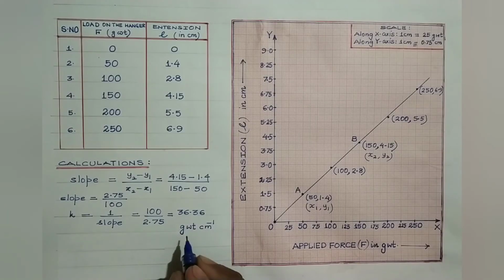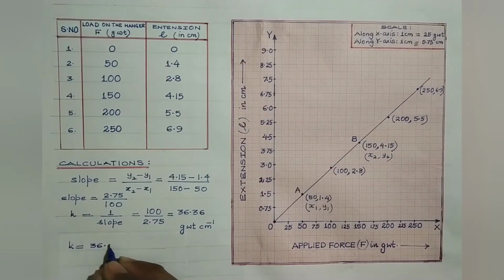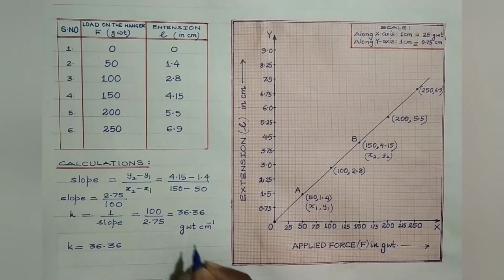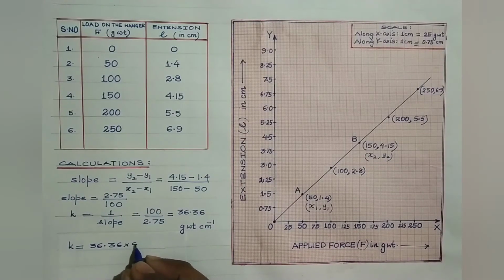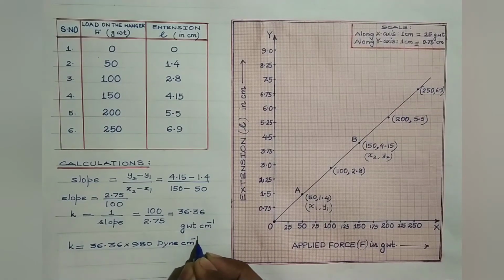Now let us try to express this result in dyne per centimeter. So K would be equal to 36.36. Now students, as you are aware, 1 gram weight is equal to 980 dynes. So it will be in dyne per centimeter.